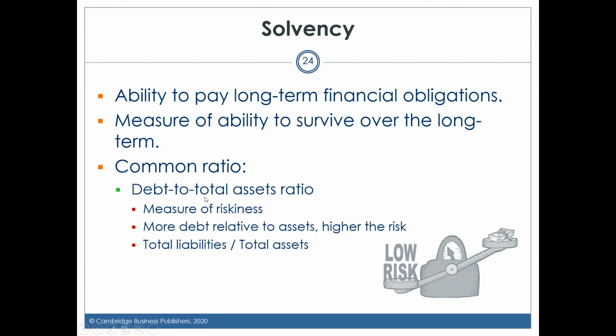In the long term, they may not be able to satisfy their obligations, and they might go bankrupt. So you want to invest in companies whose debt to total assets ratio is less than 1.